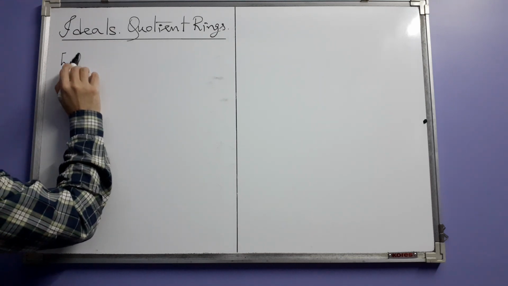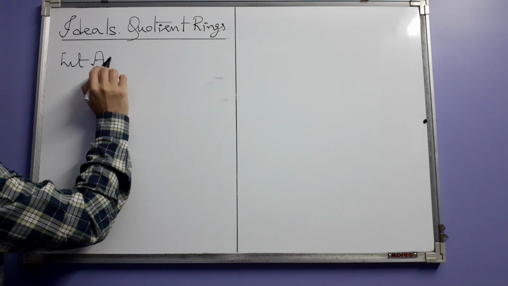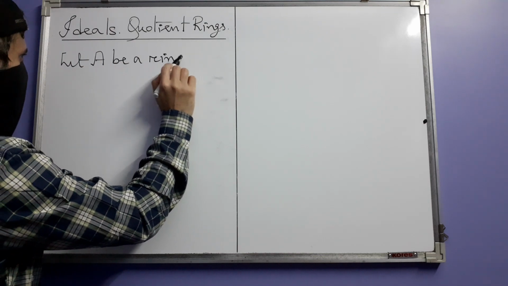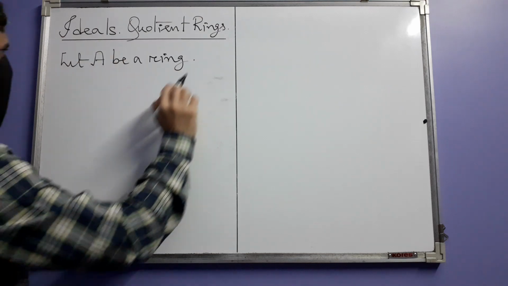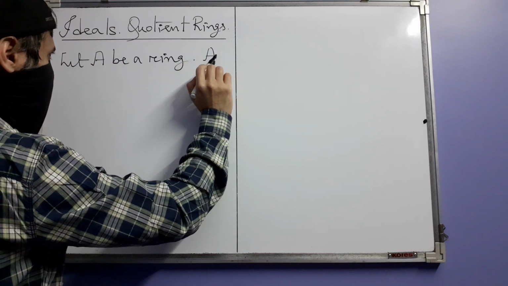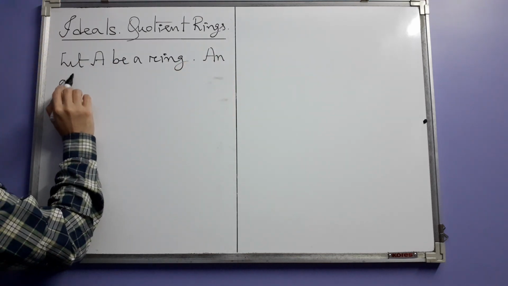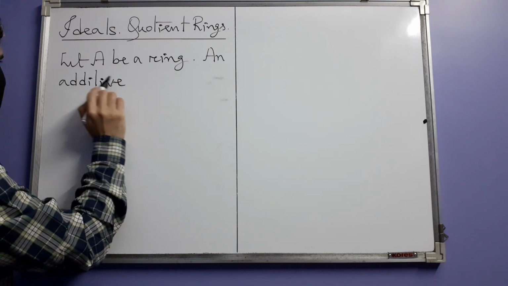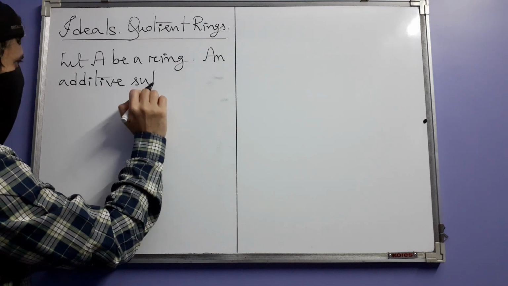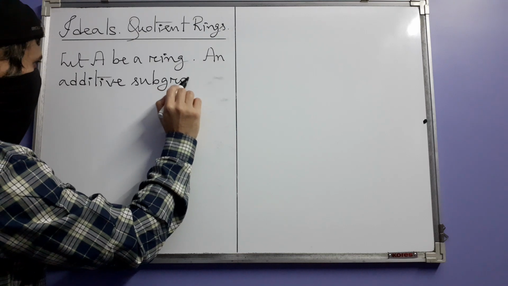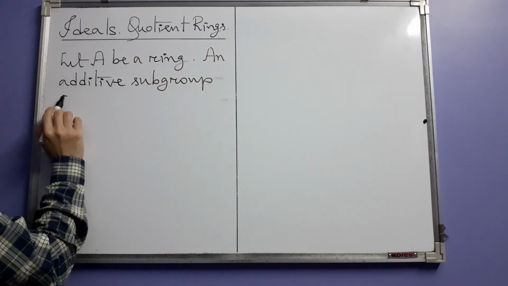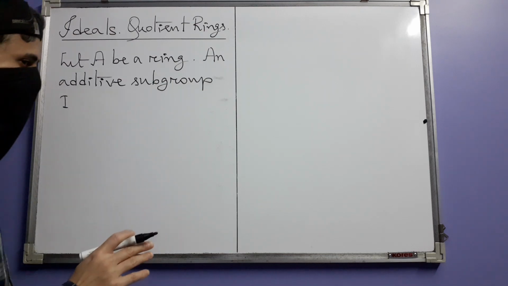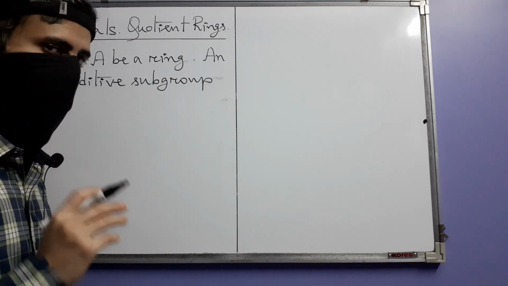Let A be a ring. An additive subgroup I. In the book, small German letters have been used to denote ideals.